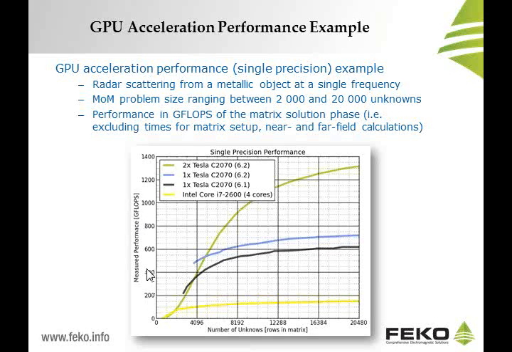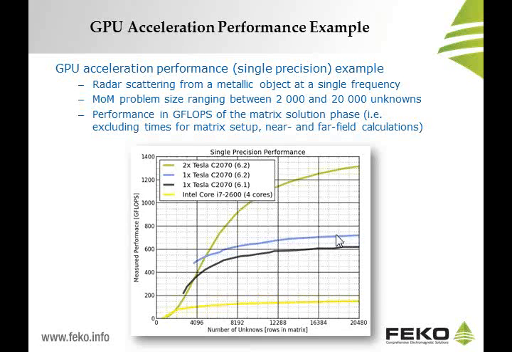so billion floating point operations per second. For the quad-core CPU, we enter quite soon, at about 10,000 unknowns, into a steady state performance of about 150 gigaflops. When using GPU support, our first version where we introduced that, FEKO Suite 6.1, was leveling at about 600 gigaflops, so that's about 4 times more than this quad-core run.